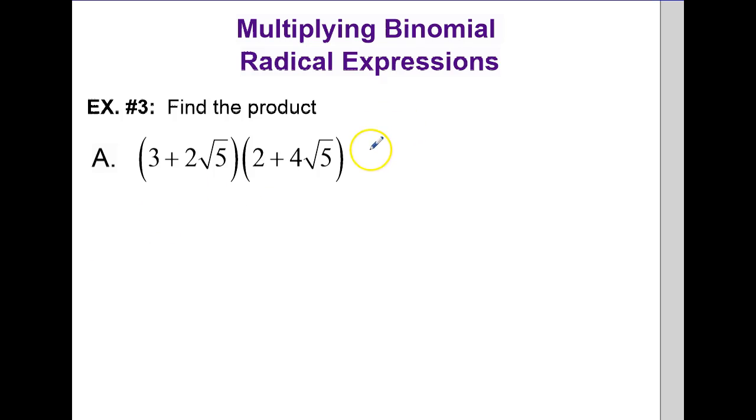All right. You guys practiced this in our polynomials unit. So we're going to multiply binomial radical expressions. We can FOIL because I've got 2 terms, or we can use the box method.